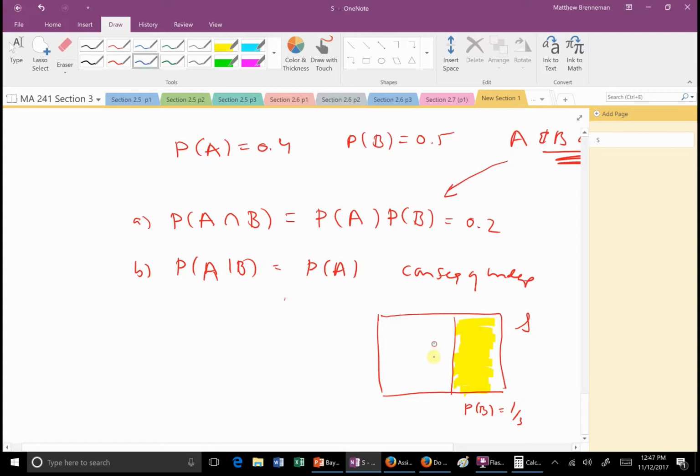But I'm going to draw it like this. So the probability of A is 1/6. In other words, A takes up 1/6 of the sample space. Okay? And I'm going to have to redraw this to show what I want.